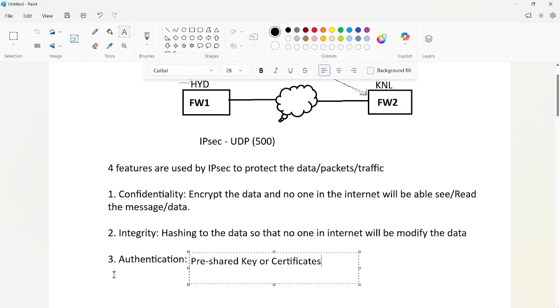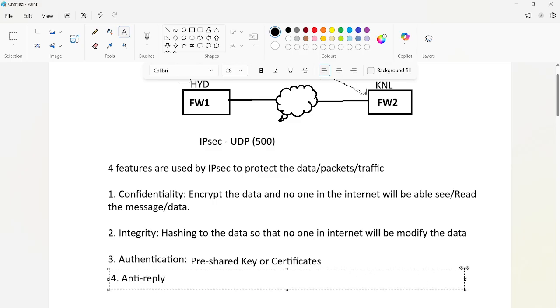And next, the fourth one is anti-replay. The fourth thing is anti-replay, which works with sequence numbers. Why sequence numbers?